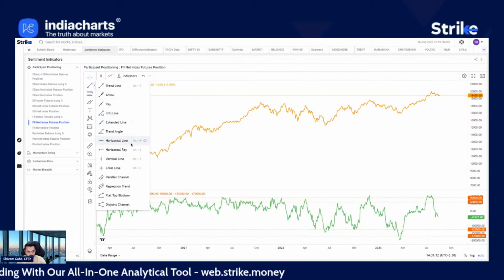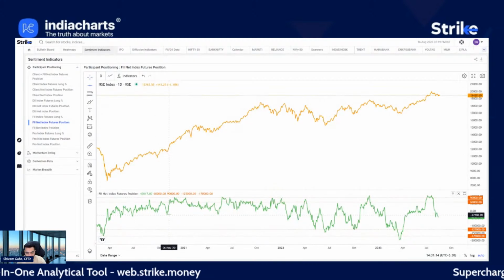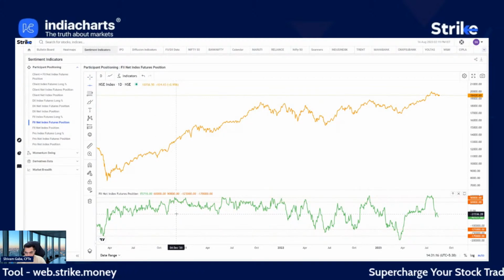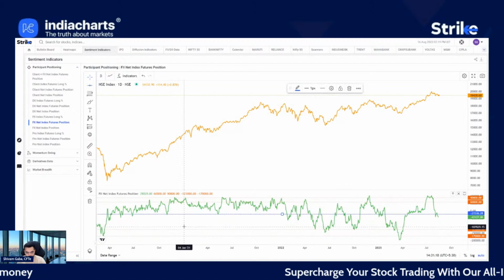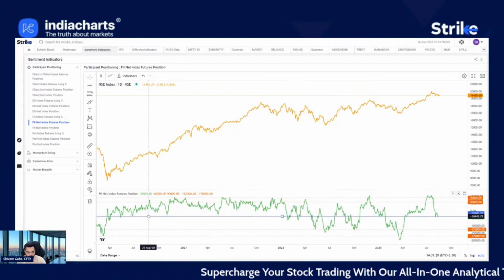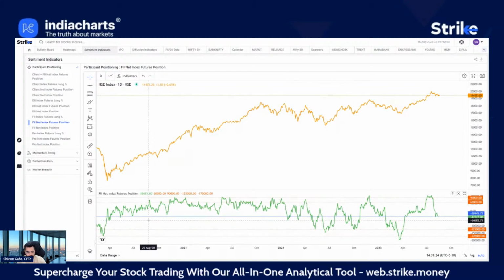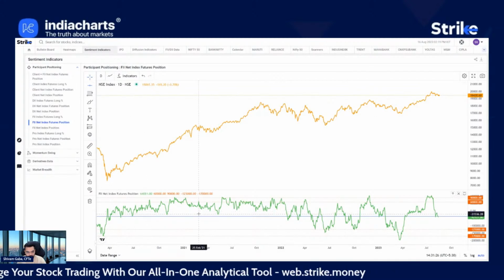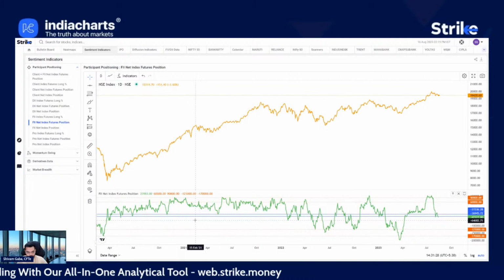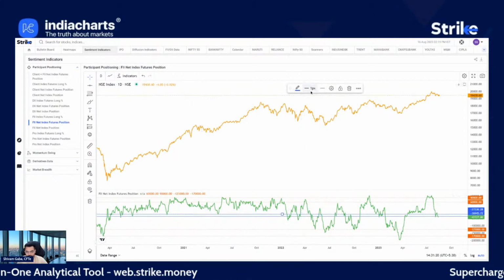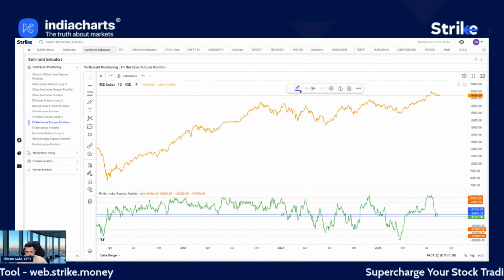Now, if we are to draw a horizontal line around this level, this is one, and another one is around here. So let me just make them more visible.